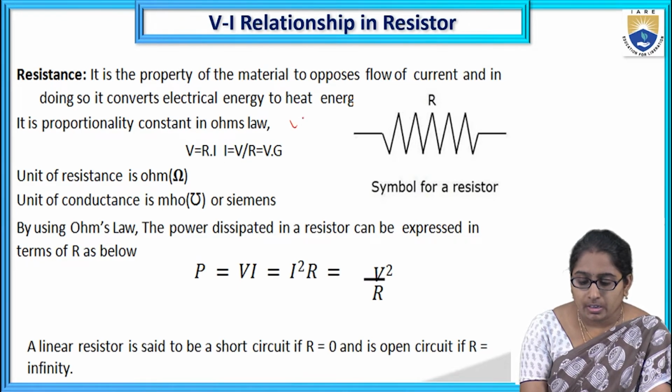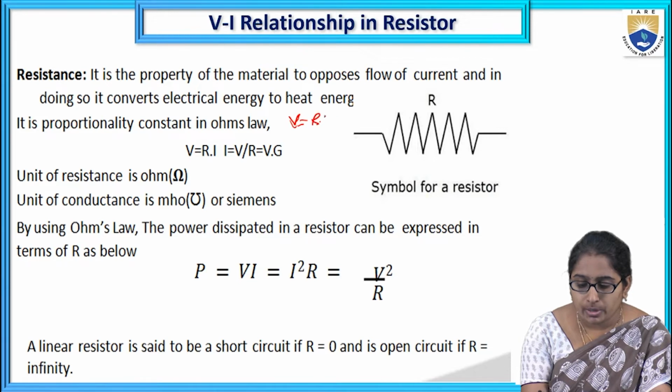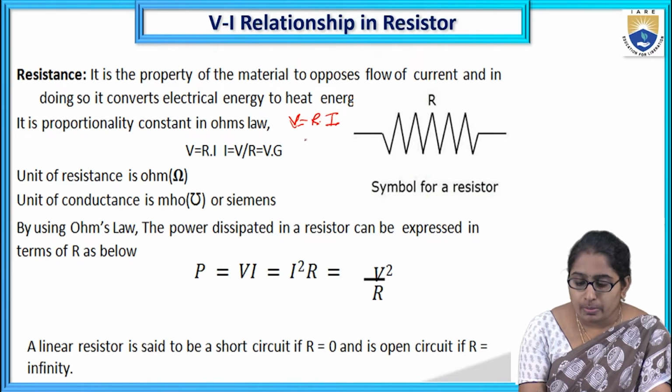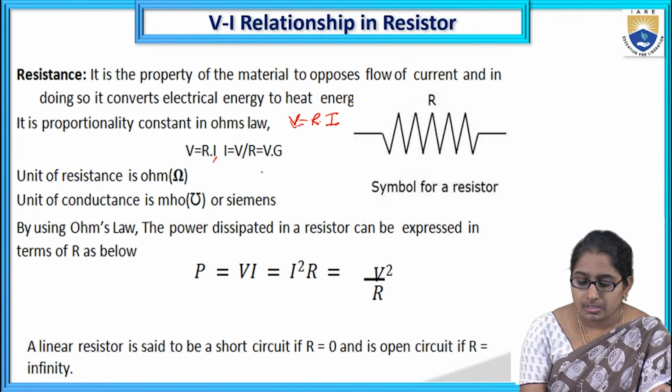From Ohm's law, V equals R into I. So I is equal to V by R, and this 1 by R, the reciprocal of the resistance, is called conductance, denoted with the letter G.